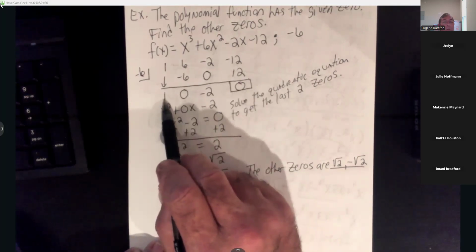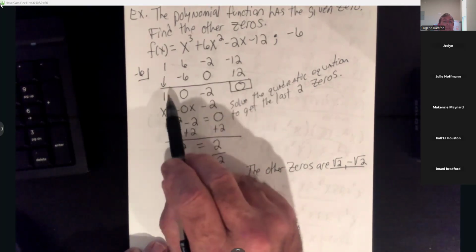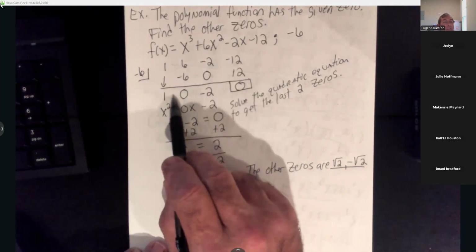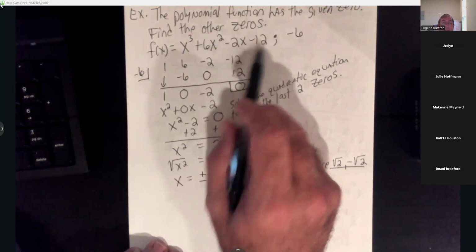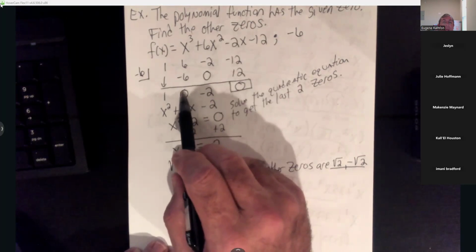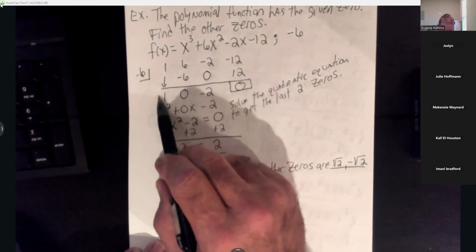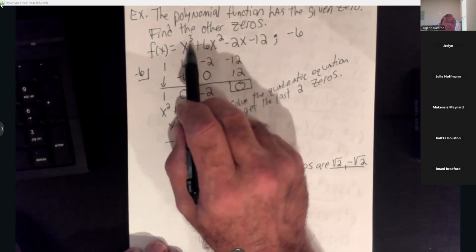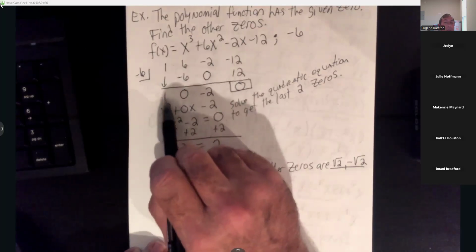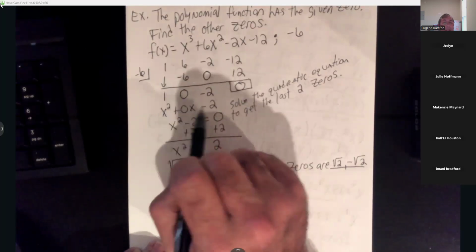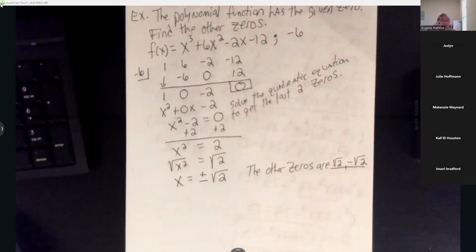This is what you call the quotient. They're always in descending order. So the last number is always the number at the end, and then this would be the x term, and this would be the x squared term. If you started with an x cubed, this is now an x squared term, x, and a number. So it always starts out 1 degree less.